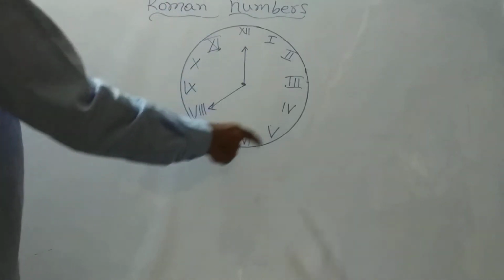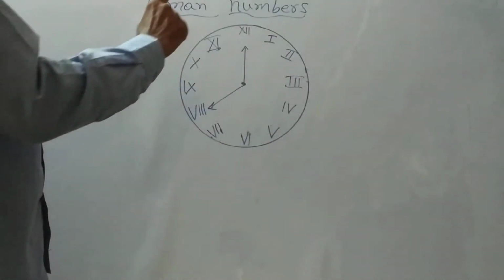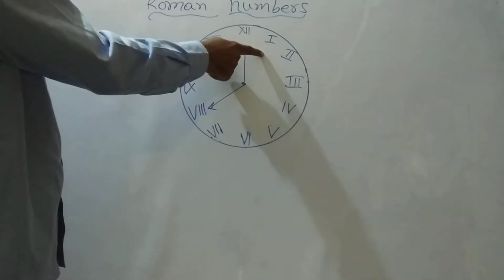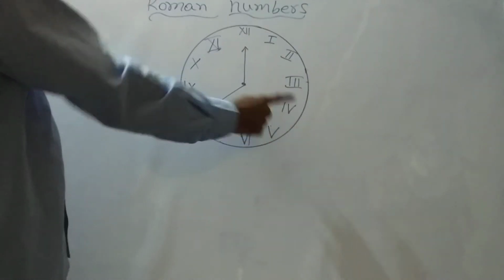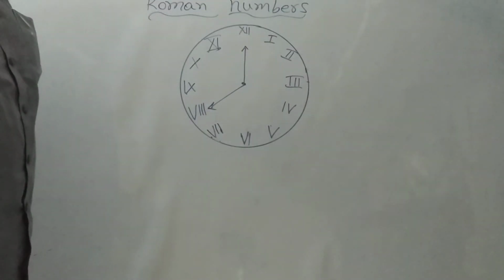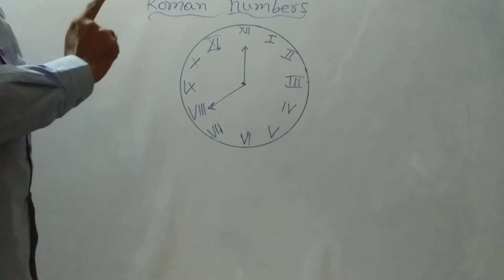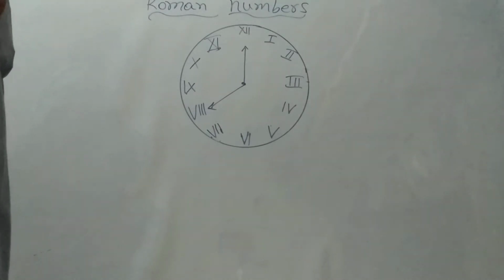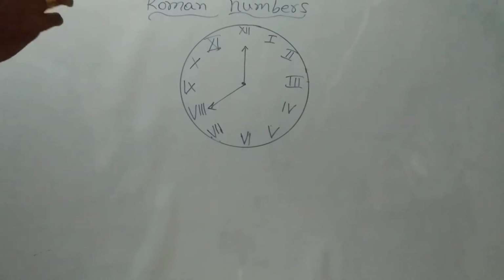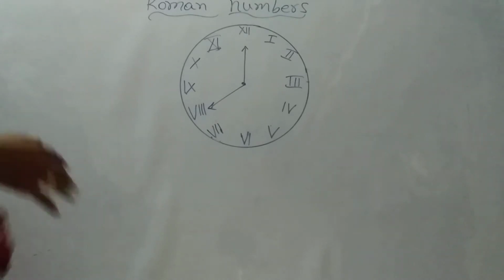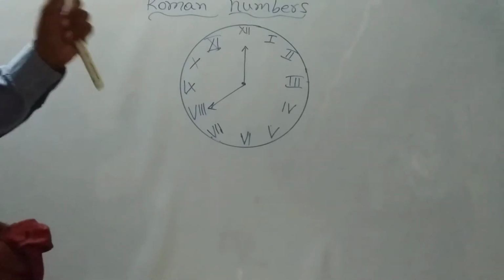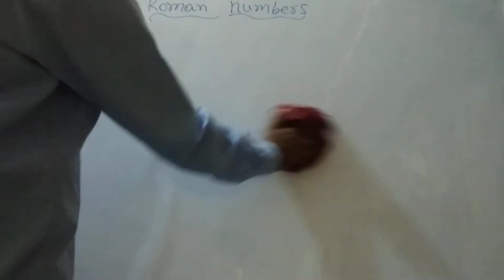You observe I, V, X, three letters, and we have some more letters. Each letter has some number, each letter has some meaning, and there are some rules. We will see one by one.